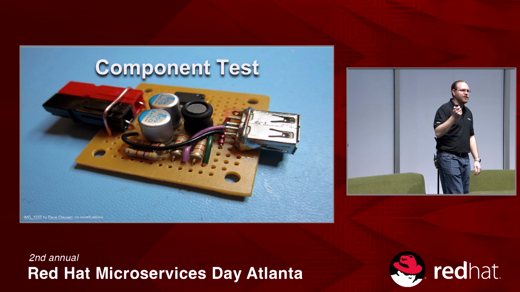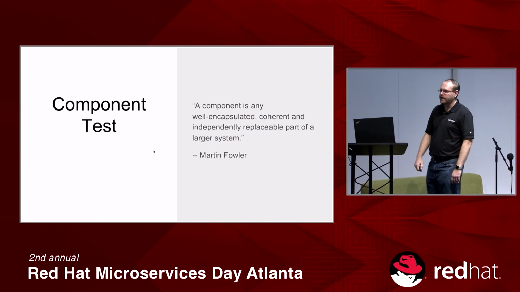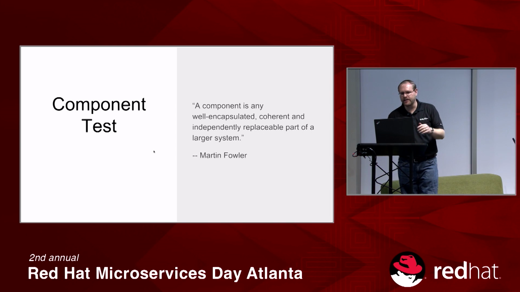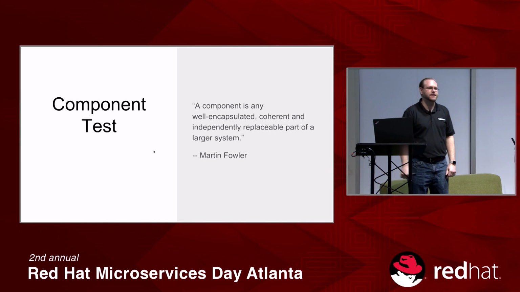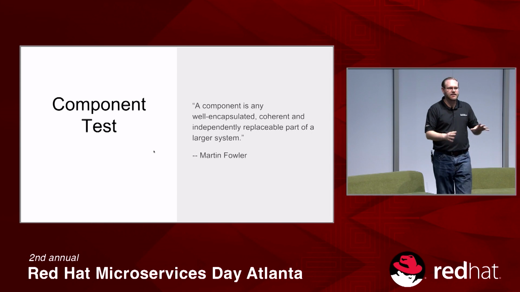This is probably a little bit more what people are used to seeing. What we've got here, Martin Fowler. People familiar with Martin? Yes, good. All right, he says a component is any well-encapsulated, coherent, and independently replaceable part of a larger system. Okay, we got some words here that may make some sense, maybe not.